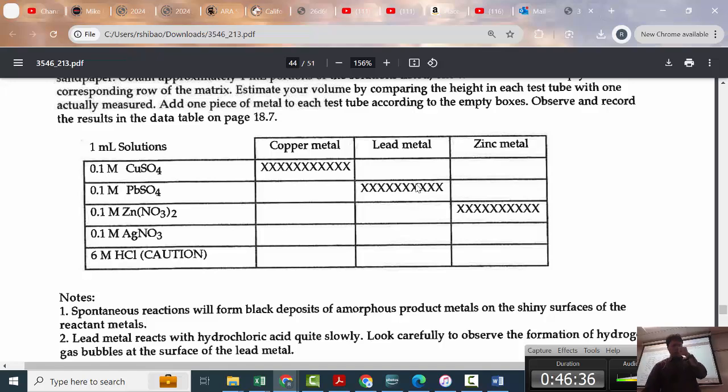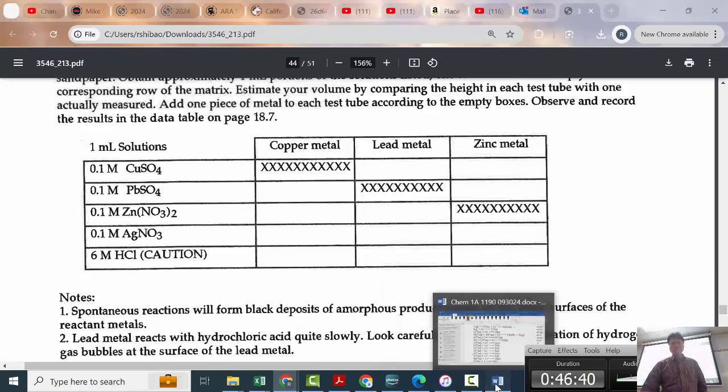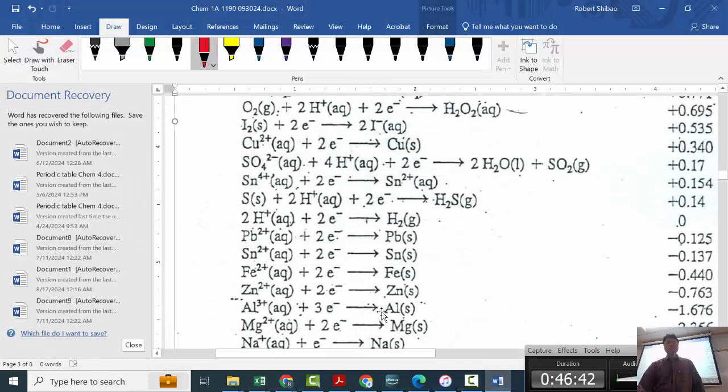Now, copper 2 sulfate, you should know copper 2 ions. Copper 2 ions are a what? Copper 2 ions are an oxidizer. And what about sulfate? Sulfate's also an oxidizer. What's a stronger oxidizer, copper 2 or sulfate? Copper 2. So it's going to be the copper 2 that's going to try to attack the zinc. Is copper 2 going to be strong enough to attack the zinc?